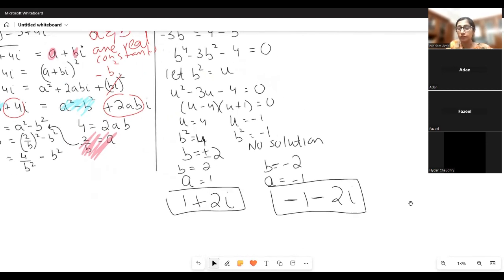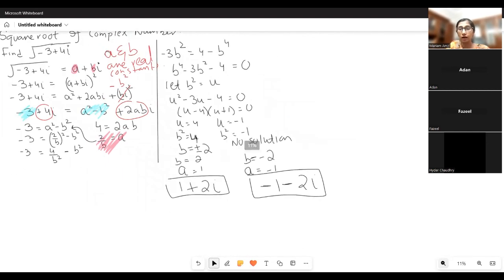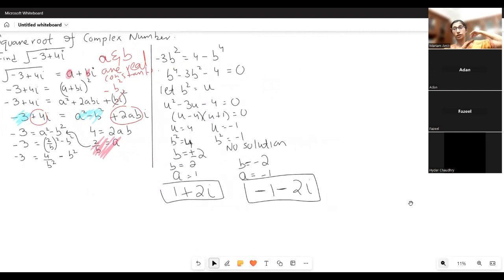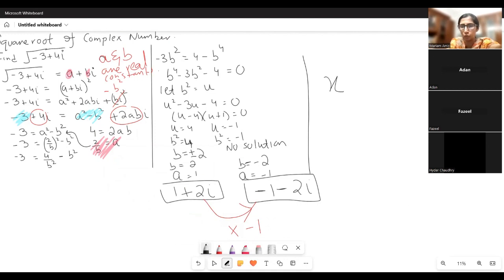What you need to notice here is that the answers are not conjugates. What's the relationship between the answers? You multiply one of the answers with negative 1 and you get the other answer. Remember when we would solve x square equals 25, what would be our answer? x equals plus 5 and x equals minus 5.